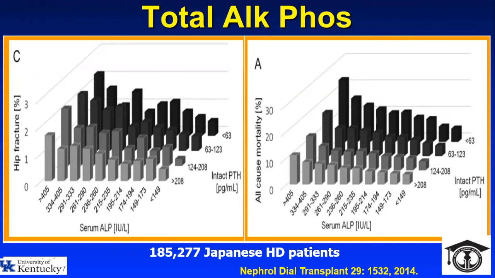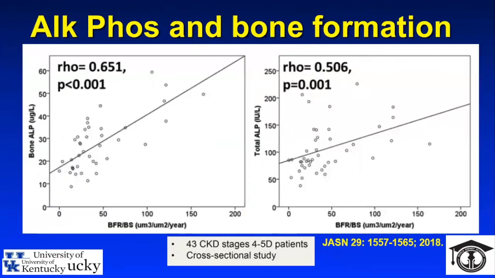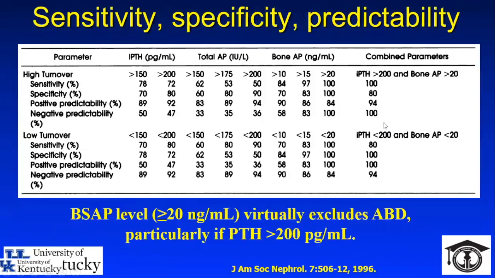So it's important. But if you cannot do the bone-specific alkaline phosphatase, use the total alkaline phosphatase. See here, the bone-specific alkaline phosphatase gives you a very good idea about the bone formation and the bone turnover. The total gives you less, but still you can use it.